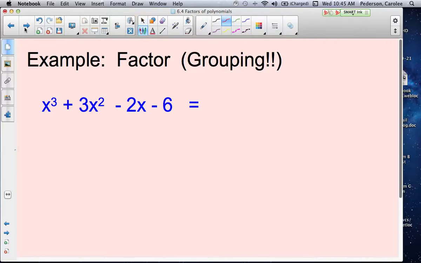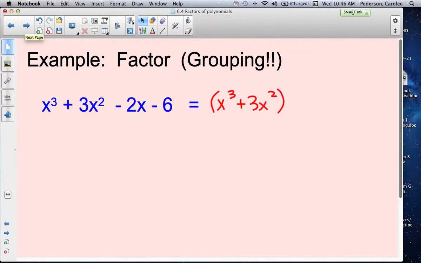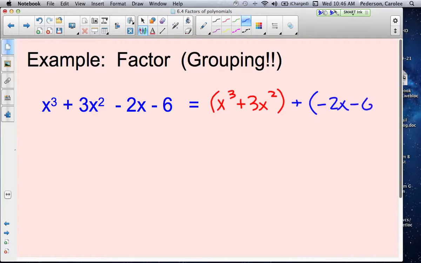Some teachers just say split the first 2 terms down the middle and then group there. I personally like where you group the first 2 and the last 2. And you work on their GCFs of each group.